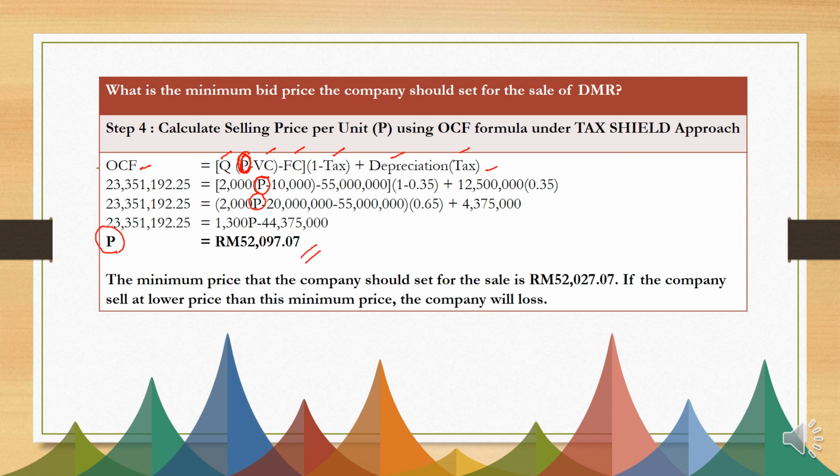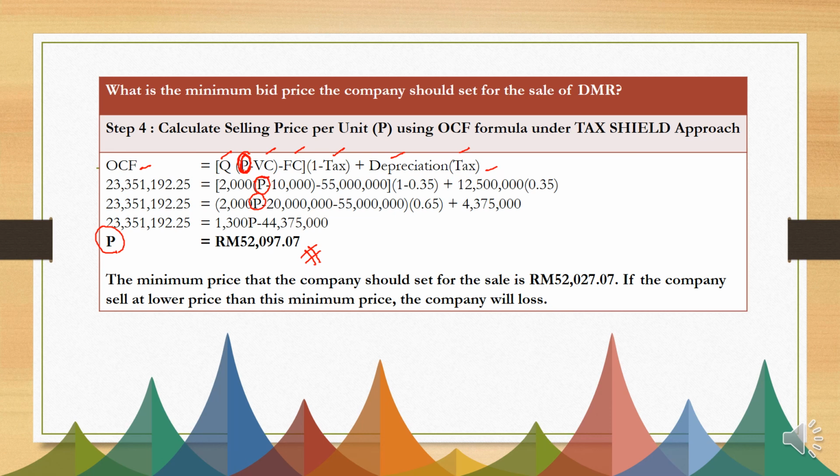So this answer represents the minimum selling price that the company should set to make sure that they are able to get the profit. To explain the answer, the minimum price that the company should set for the sale is 52,097 ringgit and 7 cent.